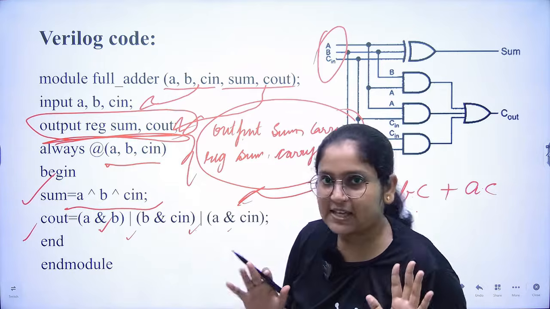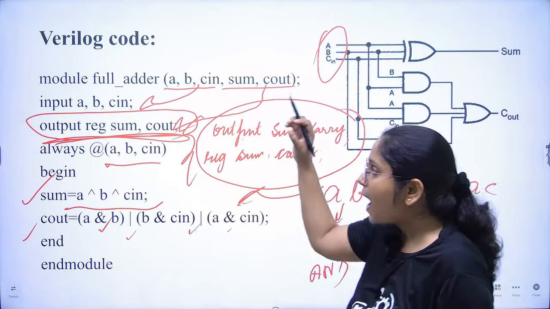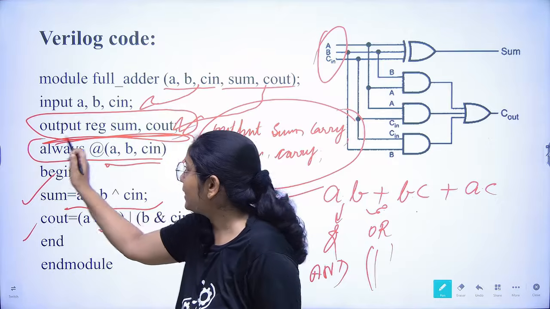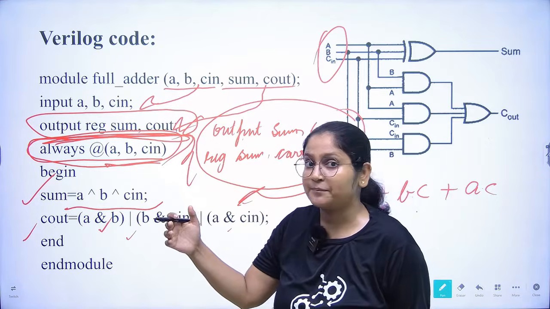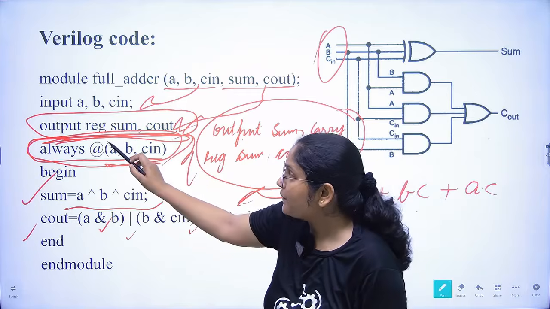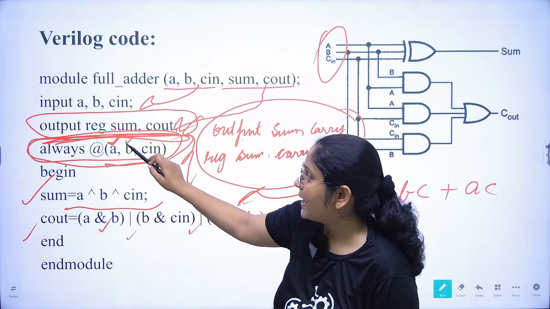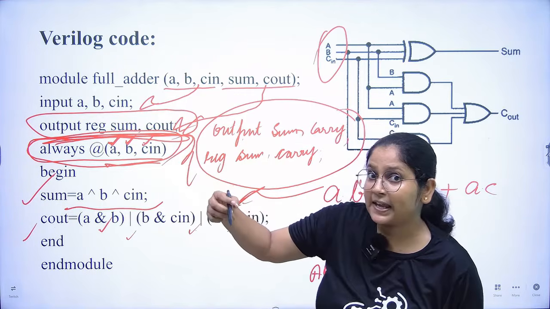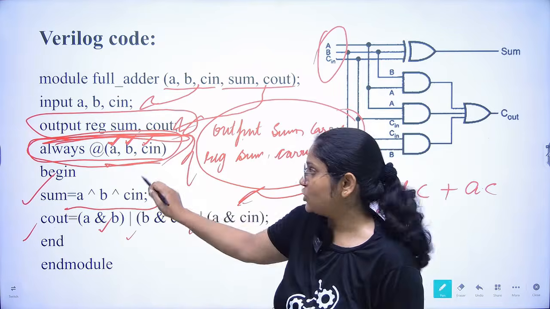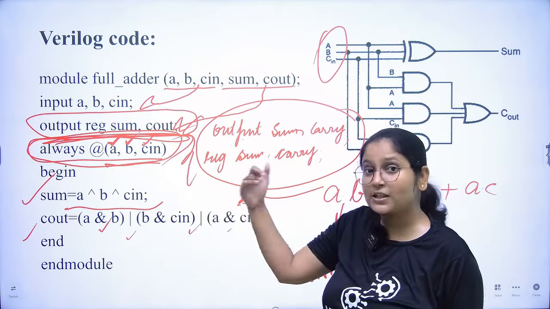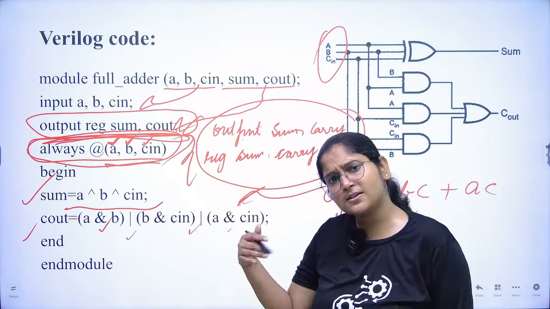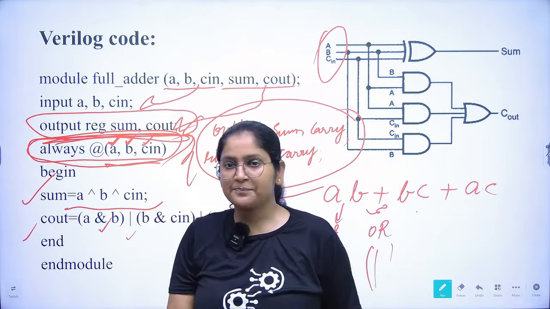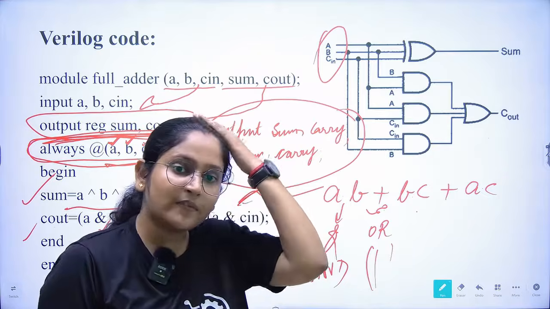You have to understand how we are doing things, like inside this always block, how it is working. Every time a change is expected in A, B, or C in, it senses the change and then it executes these statements. It produces sum and carry. That is what we want from our device, right?